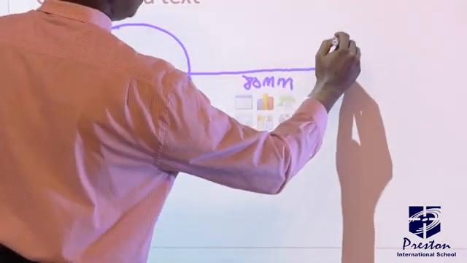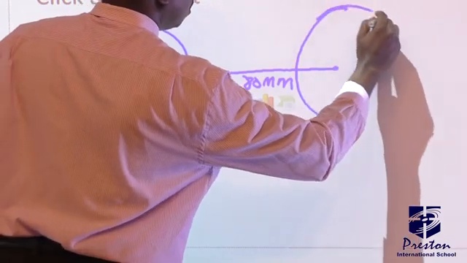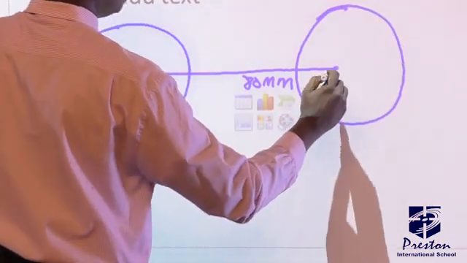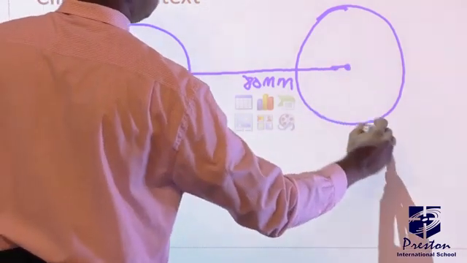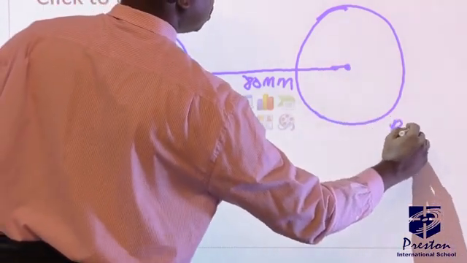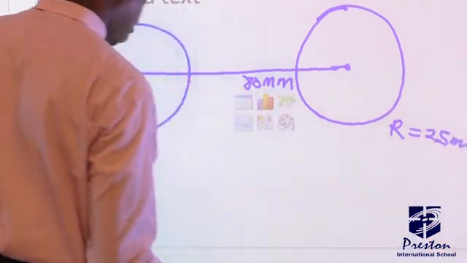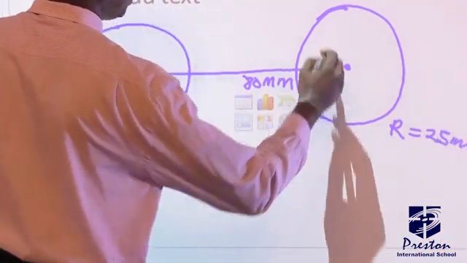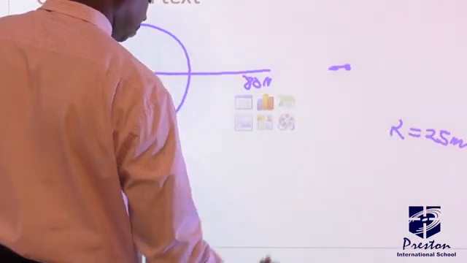Then another circle of radius 25 mm. Of course, you know that the radius here will be a little bit smaller.